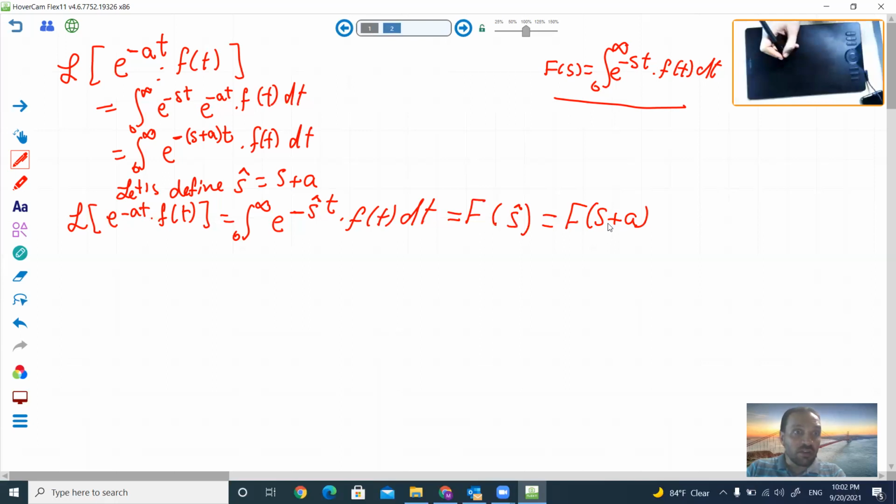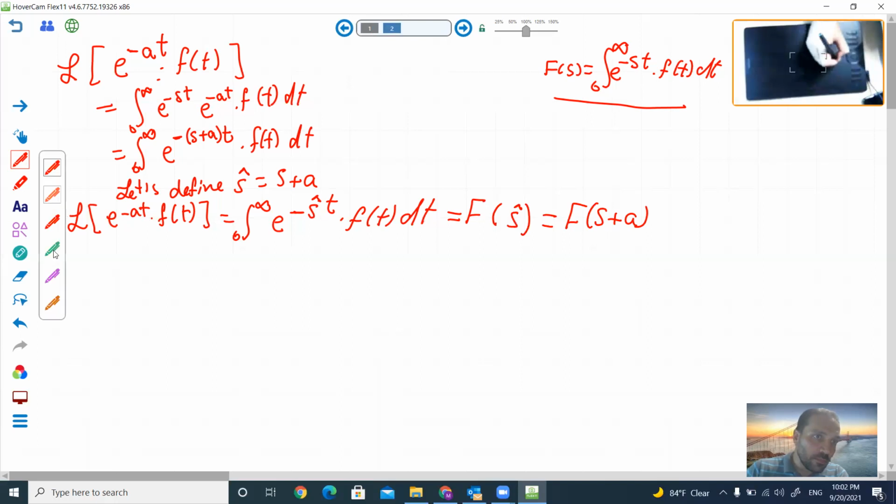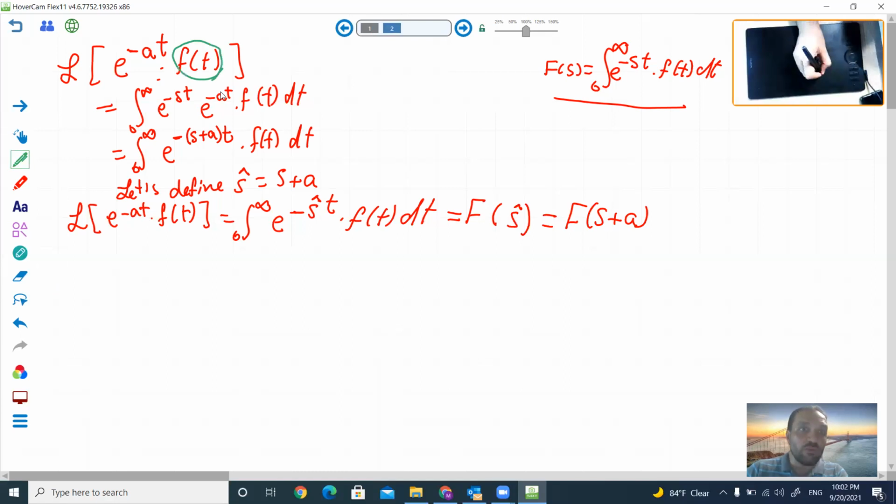It means that if you have an f of t whose Laplace transform F of s you already know, and this f of t is pre-multiplied by e to the power negative at, for any positive a, the new Laplace transform will be the same as the one you know, but each s in your known expression will be replaced by s plus a. Let's see an example.